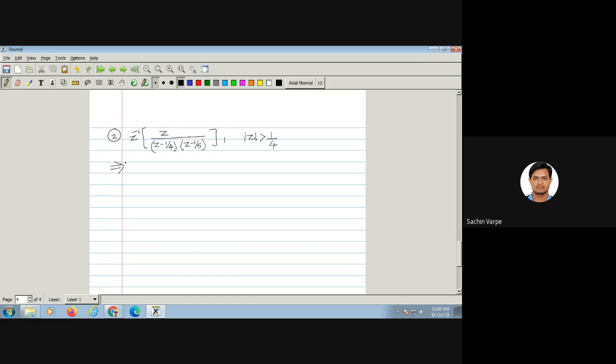First of all, apply the partial fraction to F of z upon z. So write F of z upon z and then separate the two factors. Then multiply by z to both sides and then use ROC to write direct inverse Z transform. Three minutes.